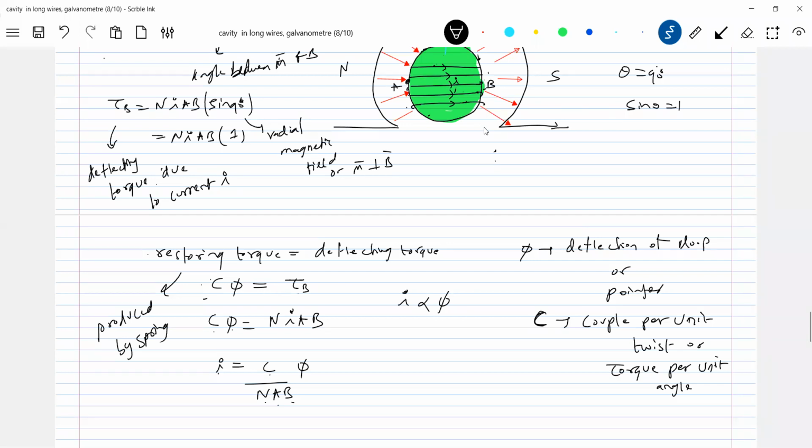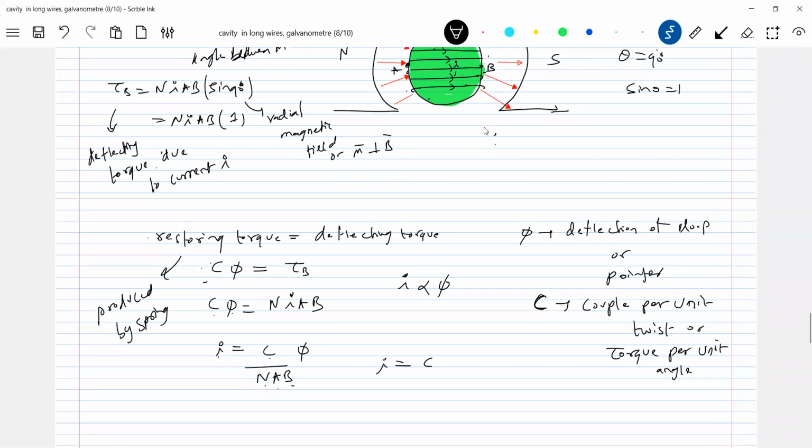If you don't bring a radial magnetic field, tell me what will happen here. We'll end up with sine theta, no? Then our expression will be sine phi NAB, sine theta will come. So will the scale be linear? I will be proportional to sine phi. Will it be linear?